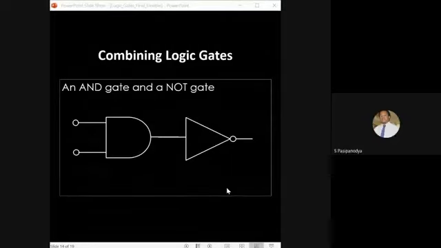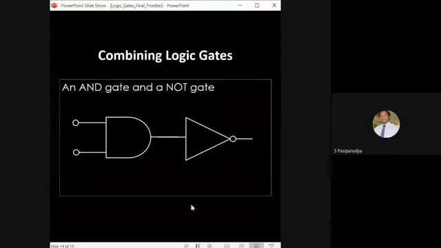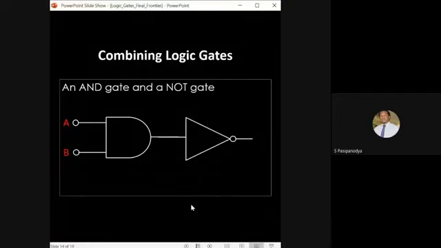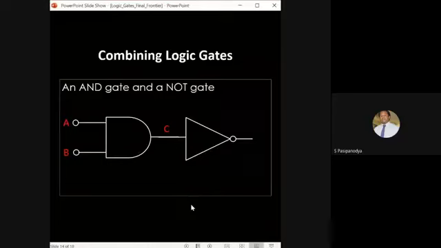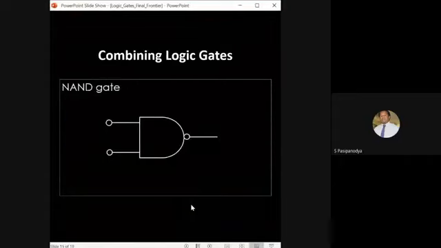So the basic configuration states that the inputs of your AND affect the input of your NOT, which affects the output of the whole equation. For example, we have our A and B, we need to produce C, which results in Q.